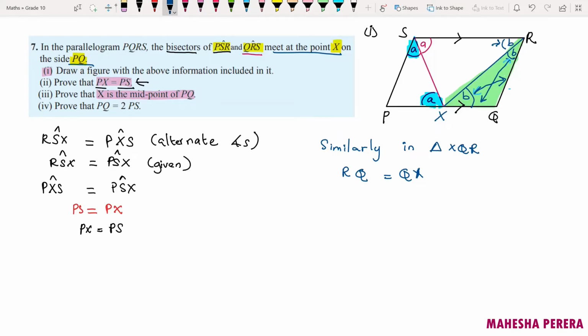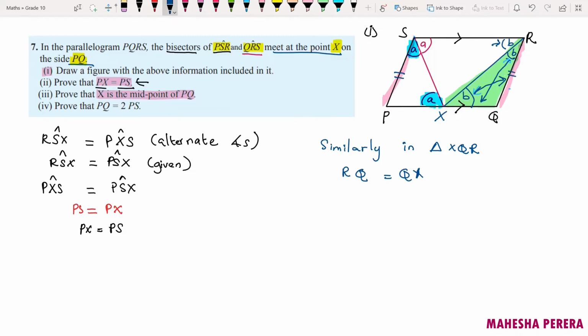Anyhow, can you see RQ? Where is RQ? Here, this side is equal to PS, right? Why? This diagram is a parallelogram. So opposite sides of a parallelogram are definitely equal, right?